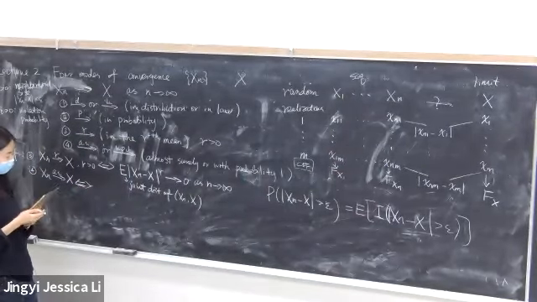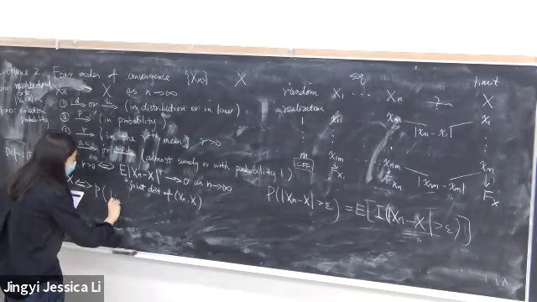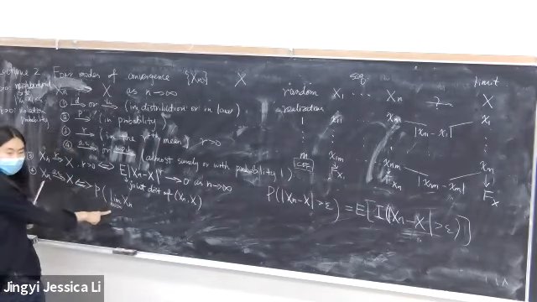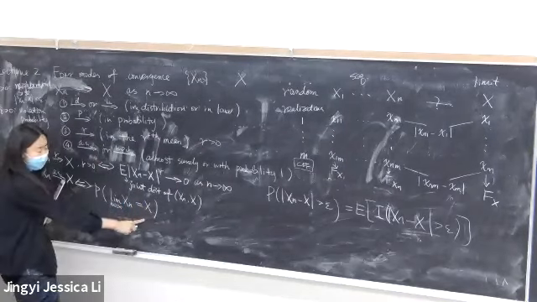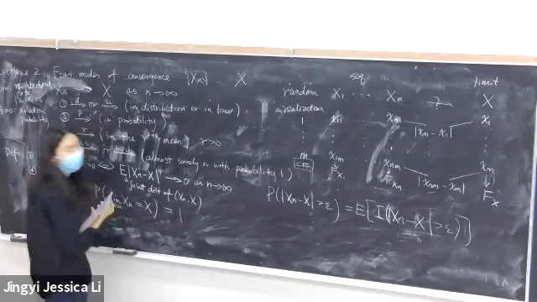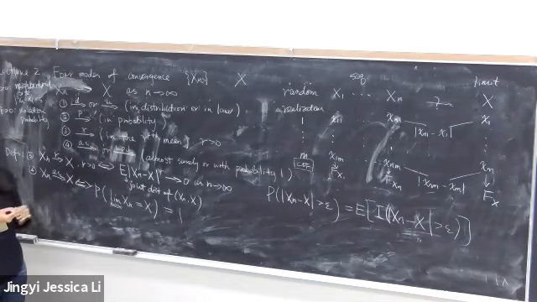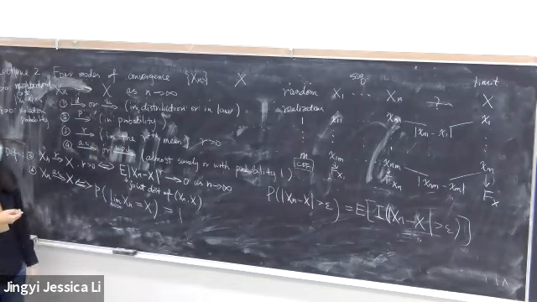Mathematically, we write it as the probability that the limit of the sequence xn as n goes to infinity is equal to x. This event happens with probability 1. Translating this to our intuition, it is the fact that every realization converges to the limit.